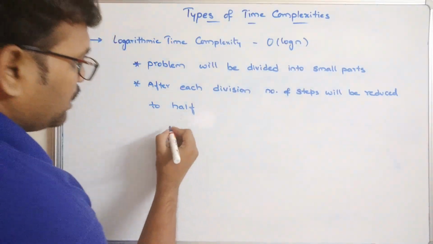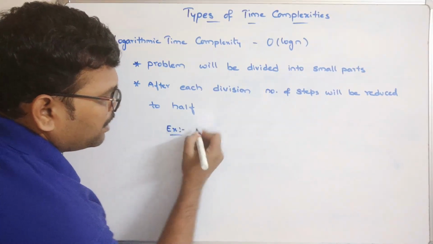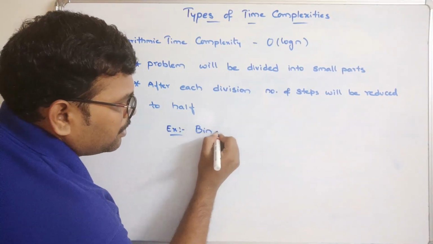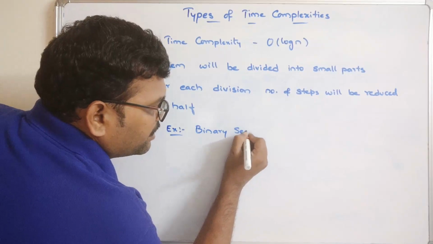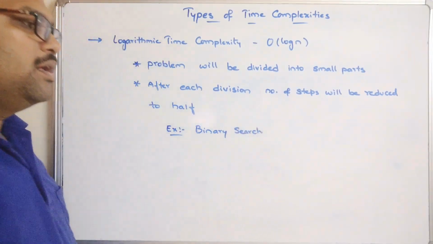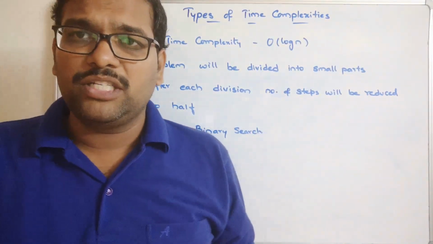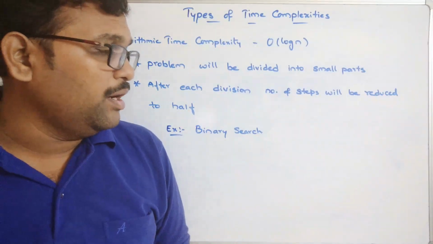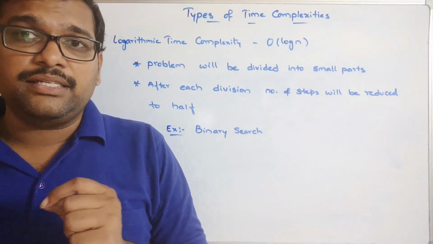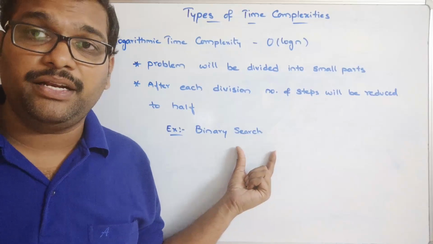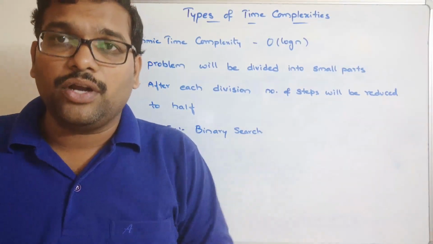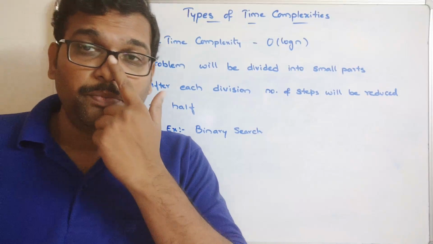Now the best example for this is binary search. Most of you know about binary search, but I will say it again. The first constraint is that to implement binary search, the elements should be in sorted order.